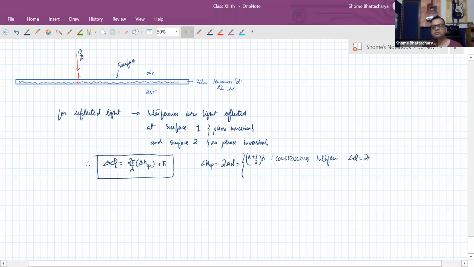Okay, phase difference will become 2n pi, or in this case (2n plus 1) pi, whatever. Or we can write this as minus pi. And n lambda for destructive interference.